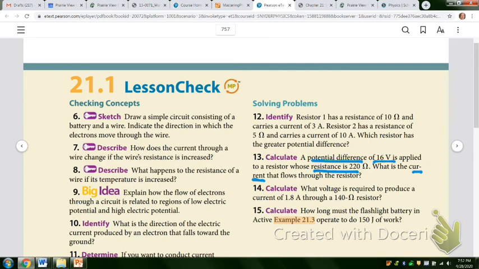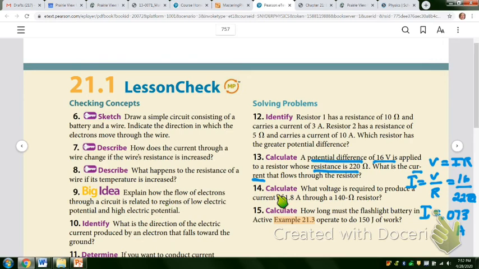So I'm going to use Ohm's law again. V equals IR, and they're asking you to find current, which is I, so you want to take V divided by R to find I. Your voltage is 16, and your resistance is 220. If you take 16 divided by 220, you will get 0.073 amps for number 13.